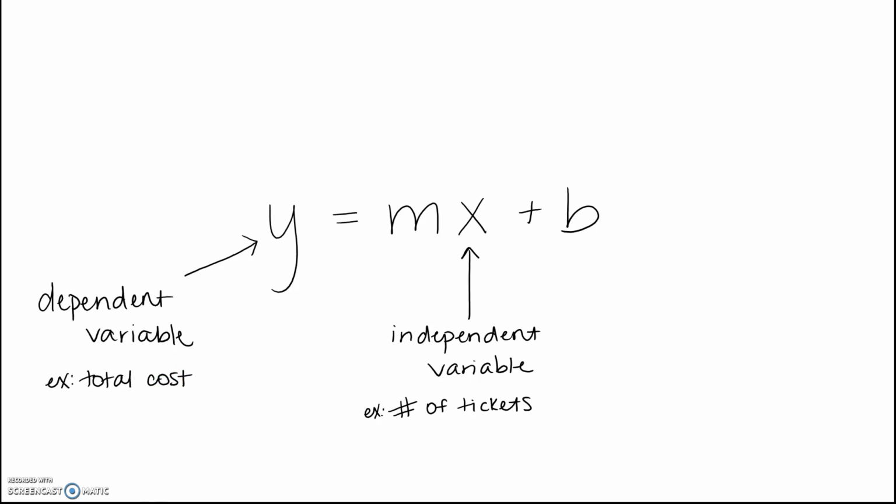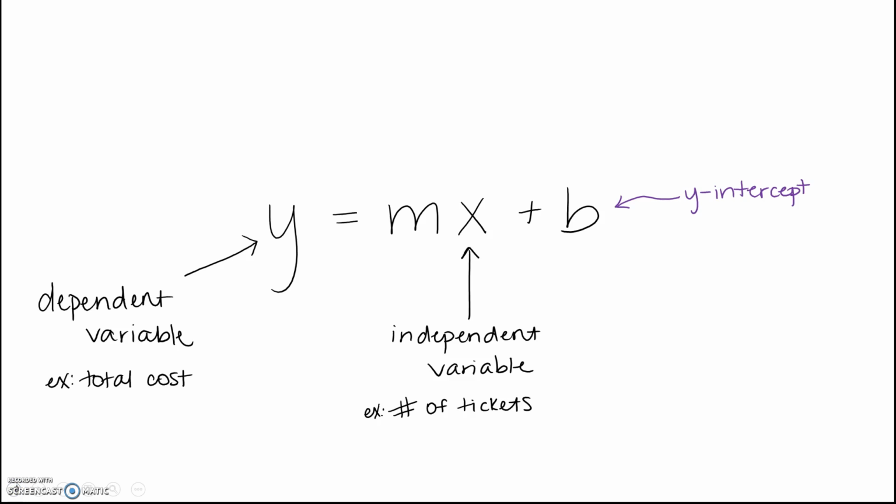All right, so these are things that we've been learning and we should be familiar with from previous years. And then we learned two new things this week. We learned about b, and that is our y-intercept. We've already looked at it on a graph.